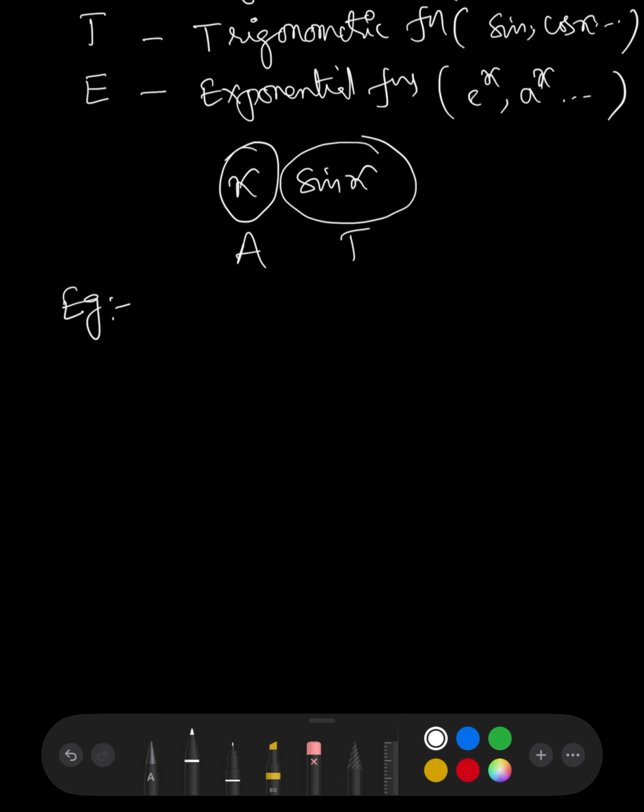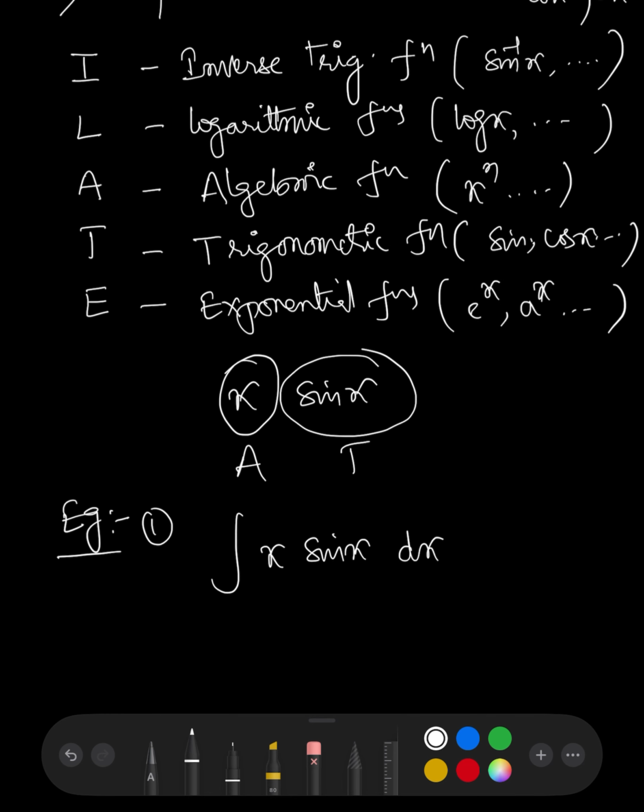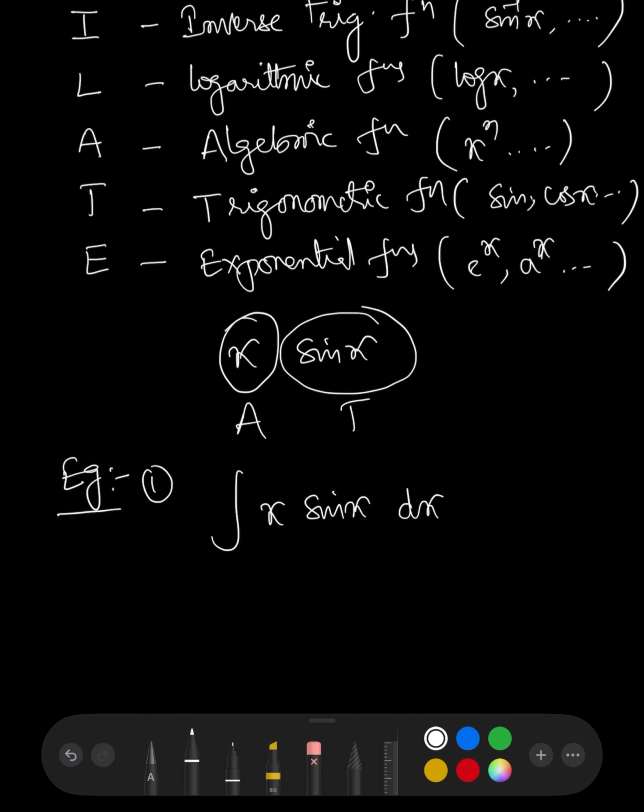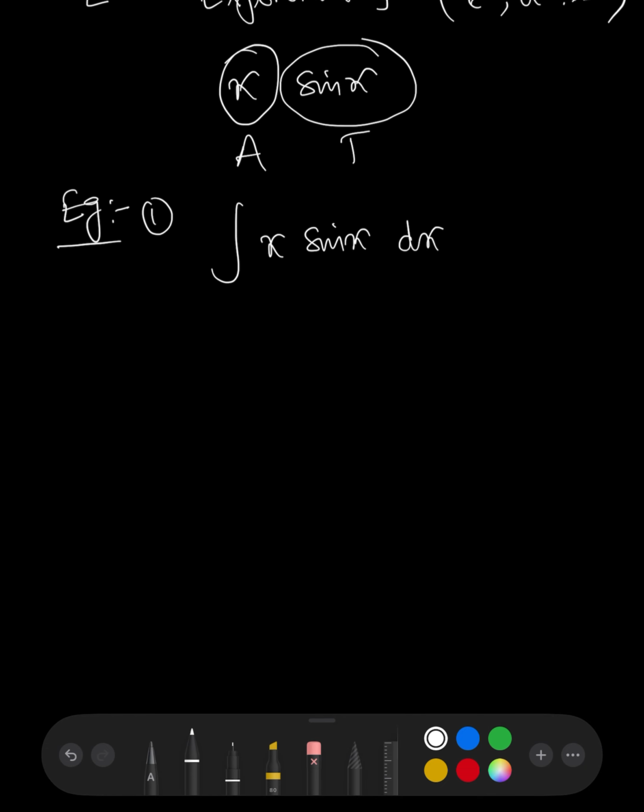Take that question. Example 1: integration of x into sin x dx. Clearly, x is an algebraic function and sin x is a trigonometric function, so based on this order, algebra comes first, trigonometry second.